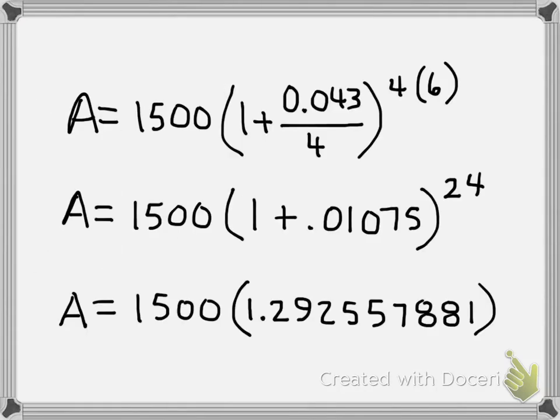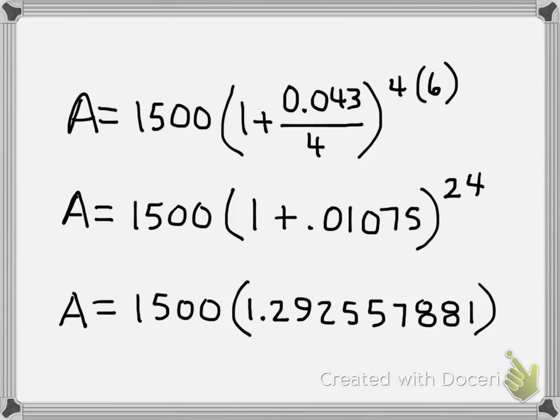In order to do the calculations, we need to use the correct order of operations. So we should work what's inside the parentheses first. We'll take our percentage rate, which is 4.3%, and divide that by 4, which is the number of times that the interest is compounded annually. We come up with an answer of 0.01075.